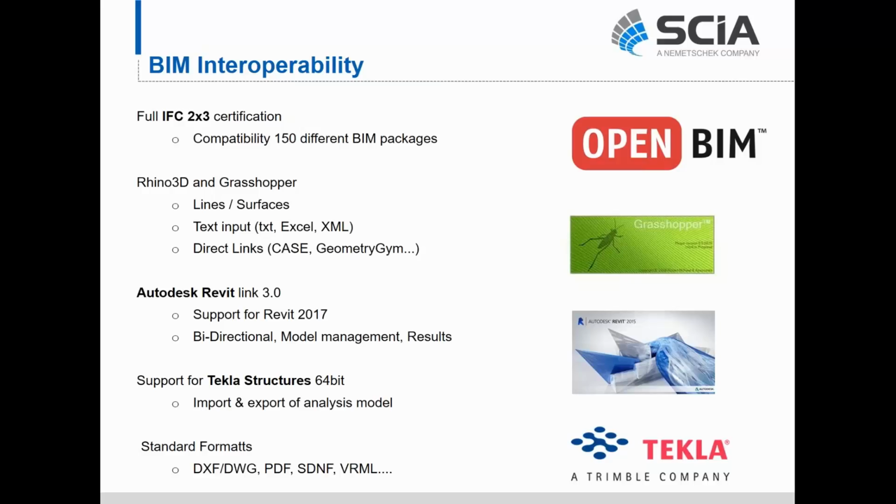We also support interoperability with Tekla Structures, import and export of the analysis model, and some standard AutoCAD formats. You can directly import and export AutoCAD DXF and DWG files straight into and out of SCIA.